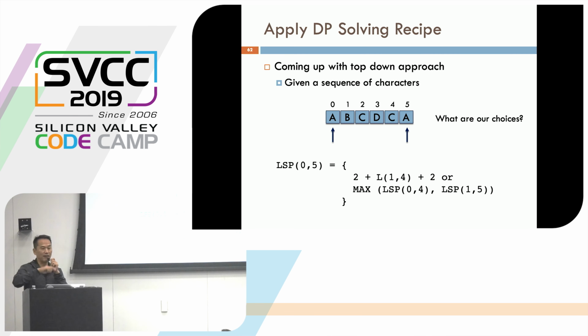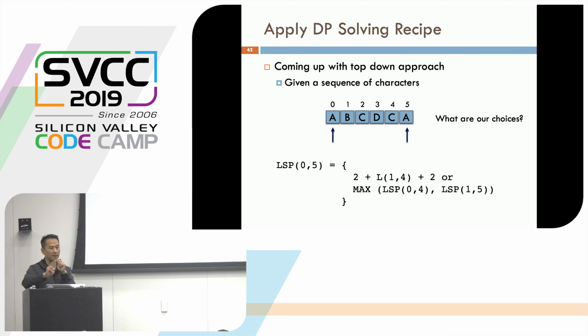So if we have LSP of 0 and 5, there are 2 possibilities. If they match, then you say 2 plus the LSP of 1 and 4. That's the first case that we talked about. Or the max of LSP of 0 and 4 and LSP of 1 and 5.